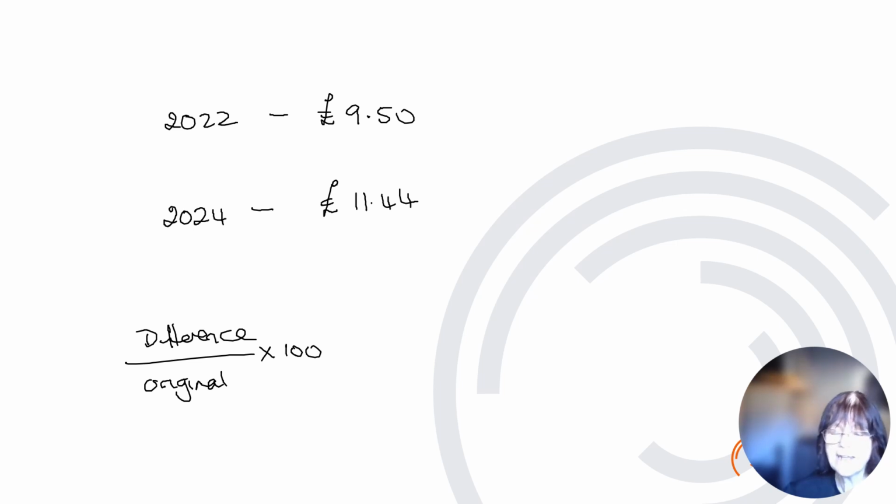So welcome back, and let's have a look at what we should have done. The difference between the two, so it's increased in this case from £9.50 to £11.44. So £11.44 take away £9.50 gives us £1.94. So that is our difference in terms of monetary value, out of where we started, £9.50.